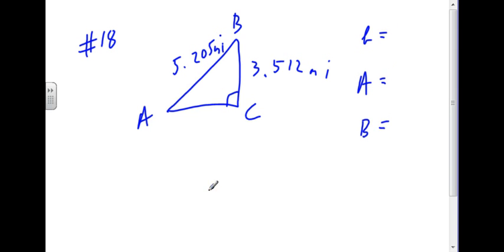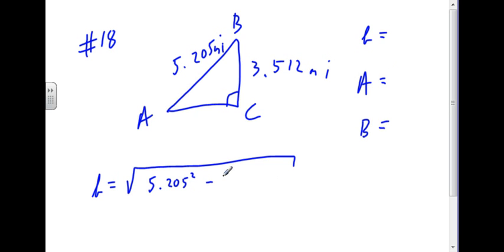So that's what we're going to go for. We're going to go for little b first. Little b, square root of 5.205 squared minus 3.512 squared. Anybody want to know why I'm putting a negative sign there? You got to subtract in order to find B. So that's perfectly okay for me to do that?